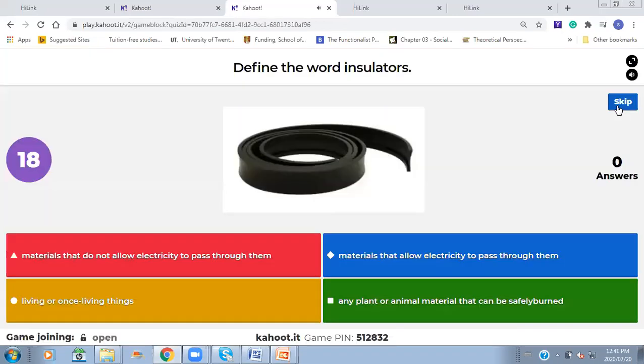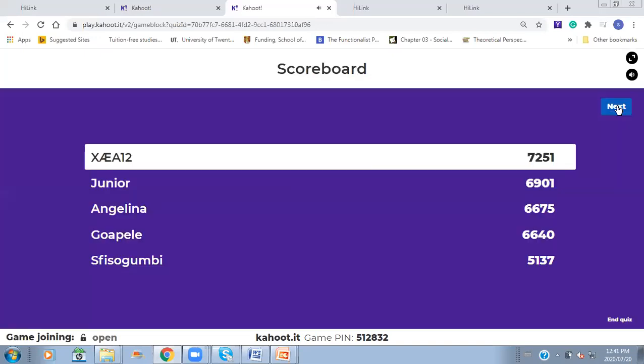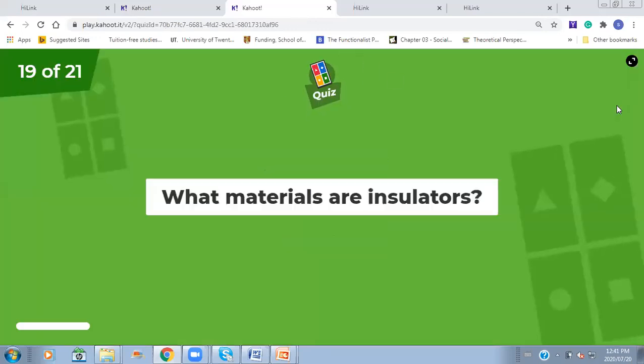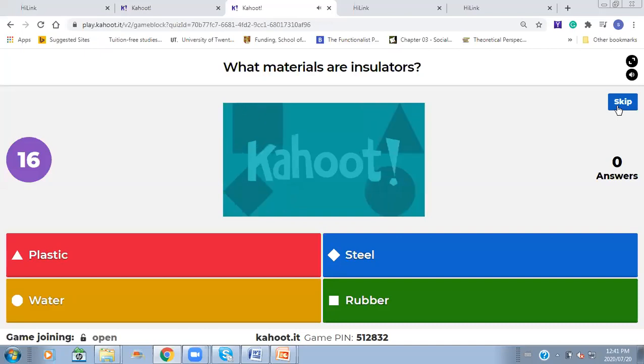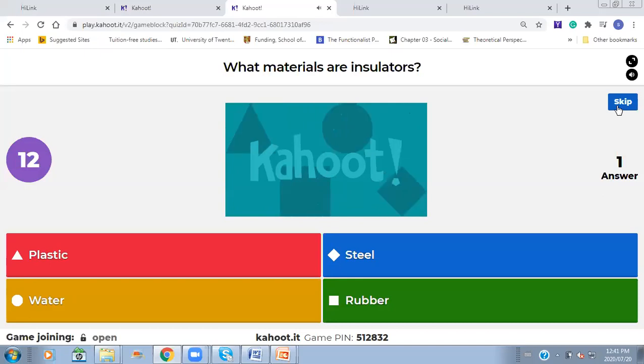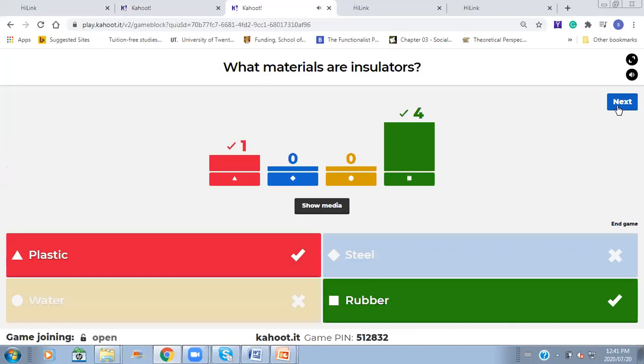Define the word insulator. Okay, materials that do not allow electricity to pass through them. That's great. Yeah, that's good.